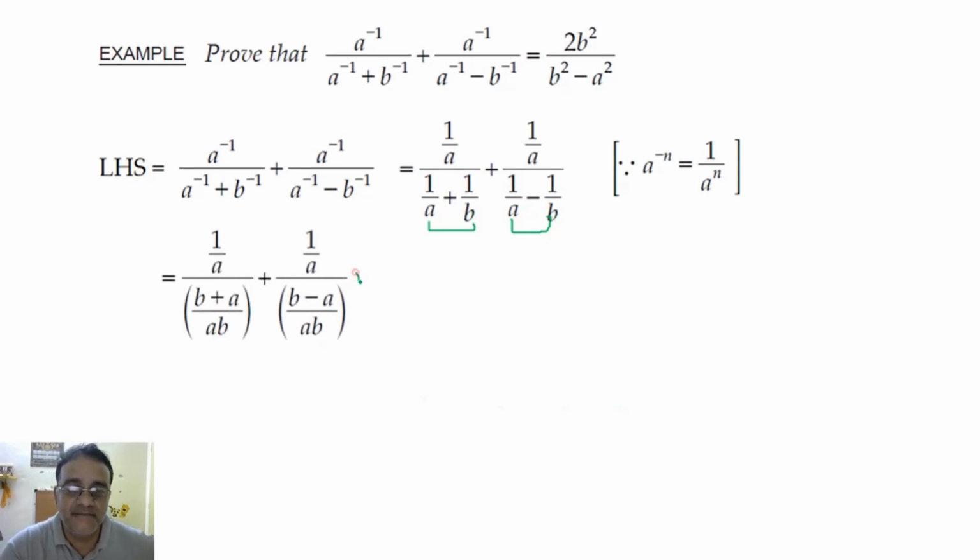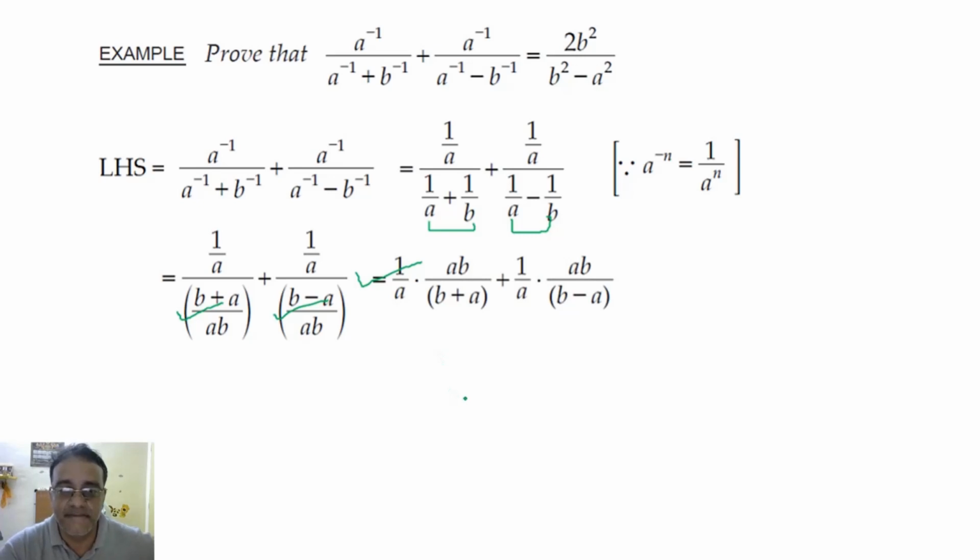This step is clear? Yes, sir. Okay. Now this is in division. So if you want to write it in the form of multiplication, we have to take the reciprocal of these two. So reciprocal ले लिए 1 upon a into ab upon b plus a. Second term 1 upon a into ab upon b minus a. इसमें a और a cancel हो जाएगा.